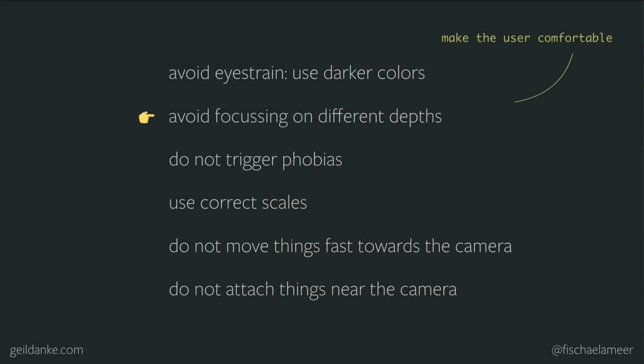We can avoid eye strain by using darker colors, and we can avoid focusing on different depths. We can also avoid creating environments that may trigger phobias, like large empty rooms or small rooms, messy spaces, heights or underwater environments, or standing on a stage in front of many people.